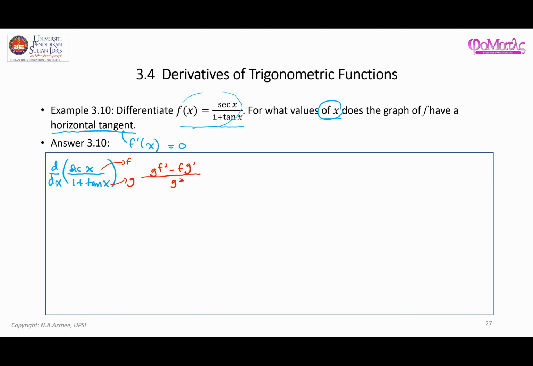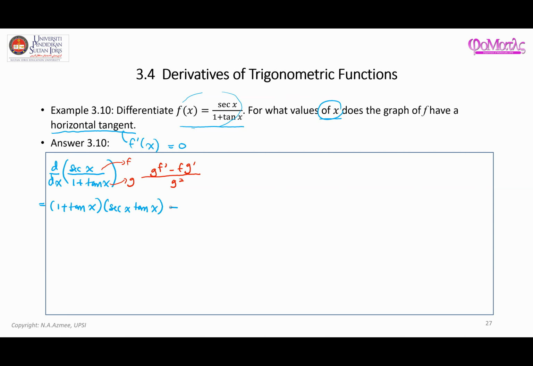Okay, so let's get on with that. So here the result is going to be equal to g, which is 1 plus tangent of x. Now if you differentiate f, you will get secant of x tangent of x.